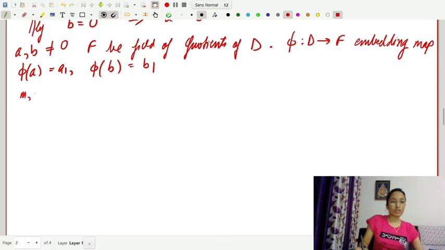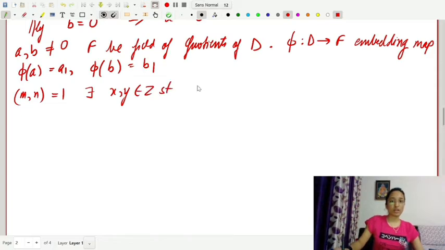Now m and n have GCD 1, they are relatively prime integers. There exist integers x and y such that mx plus ny is equal to 1.